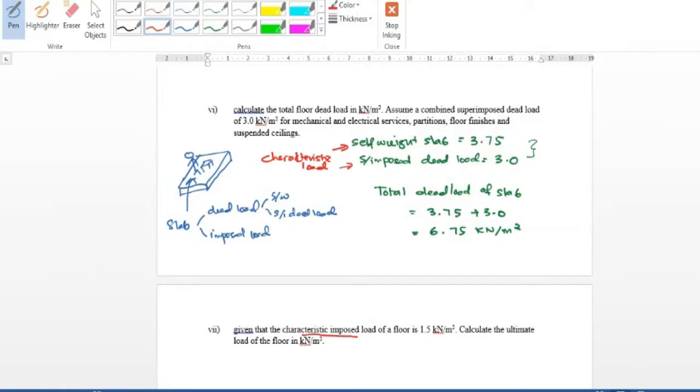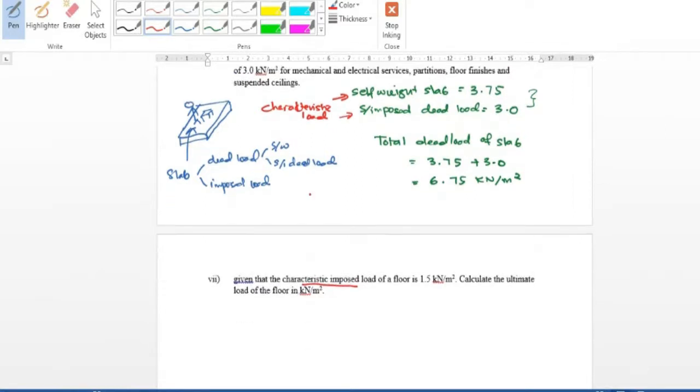That one I explained before. We have to consider the ultimate limit state using partial safety factor.